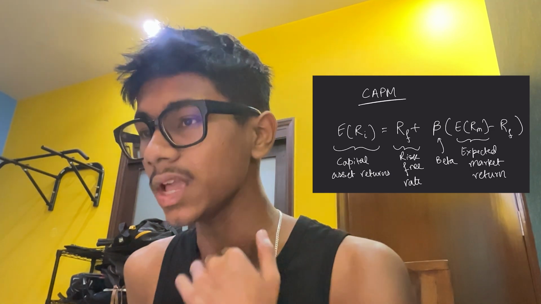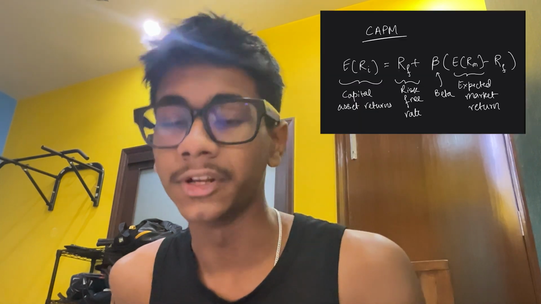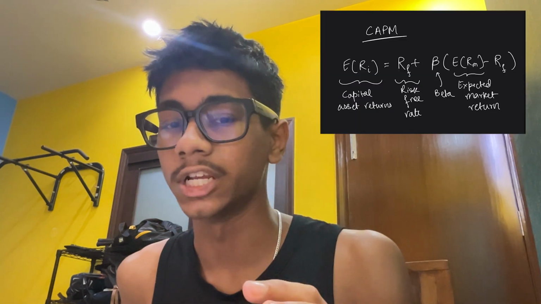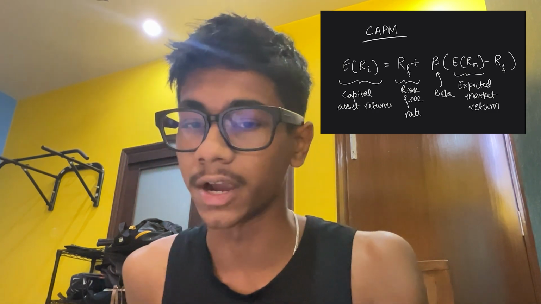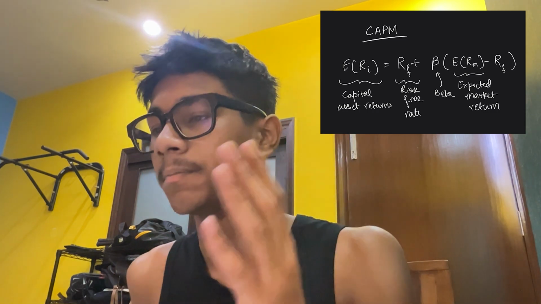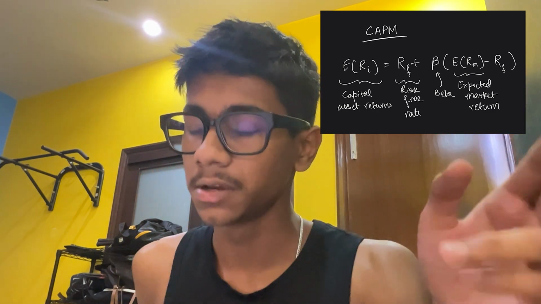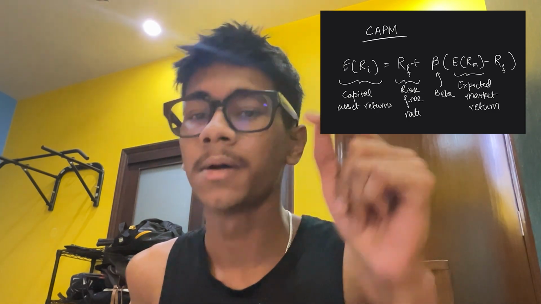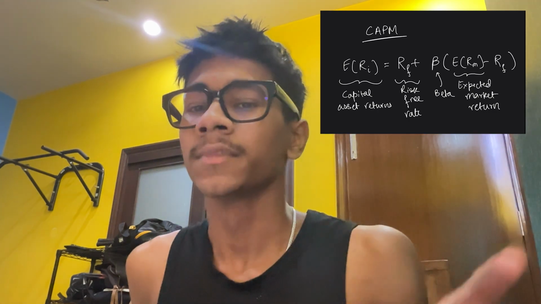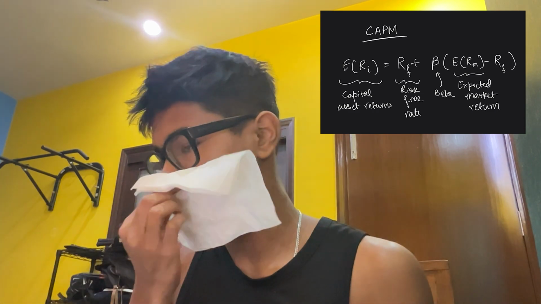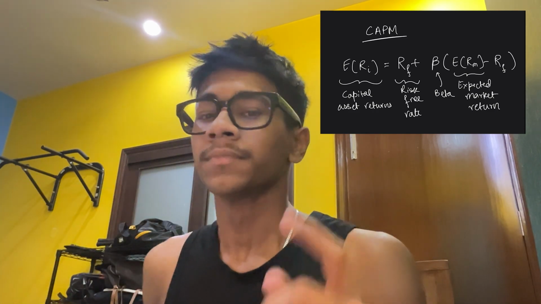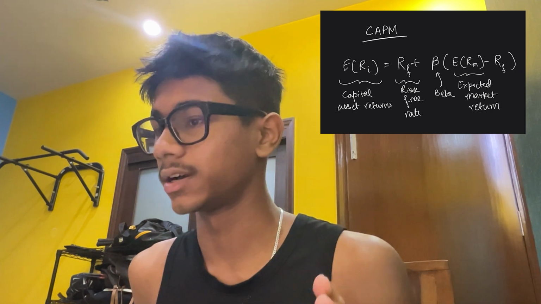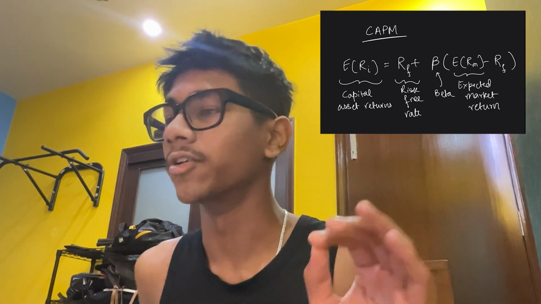So here's the model. We're going to look at the risk-free rate plus beta, which is the correlation of a company with the market, multiplied by, and this is in brackets, the market return minus the risk-free rate, right? So you're gonna see that on your screen, hopefully. And if you don't, that's on me while editing, but I hope you get what it means.